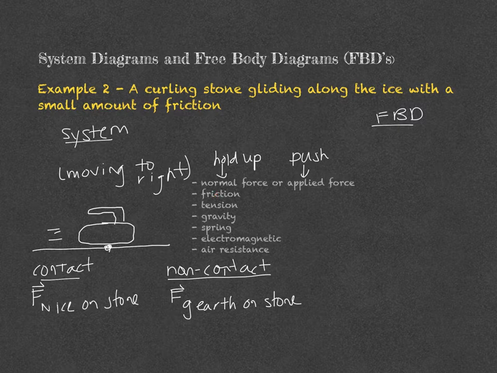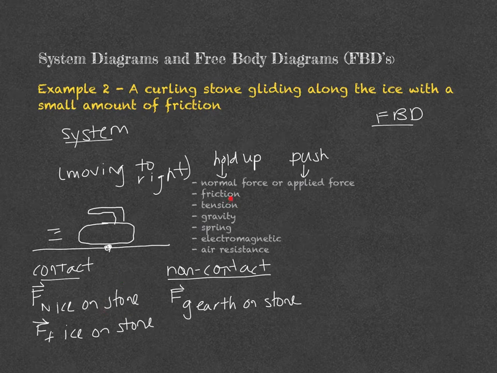Friction is always a contact force because it only happens when surfaces are sliding across each other. So force of friction, and that's going to be between the two surfaces. I have the ice and the stone as my two surfaces. So it's actually of the ice on the stone. And you'll always see, because friction occurs where there is a contact, that there should be a normal force and a force of friction between the same two objects.